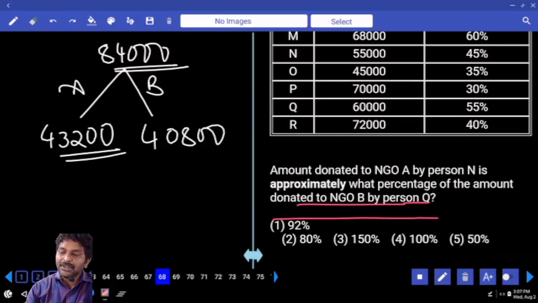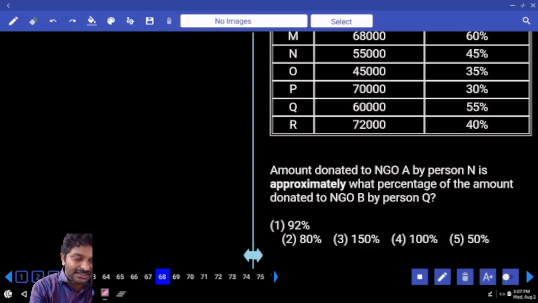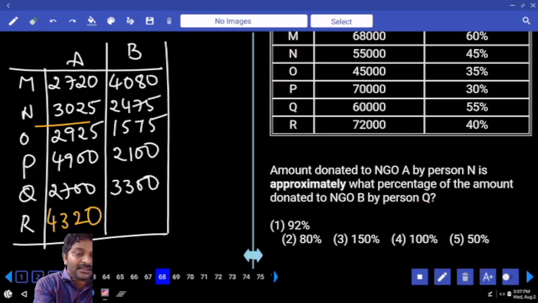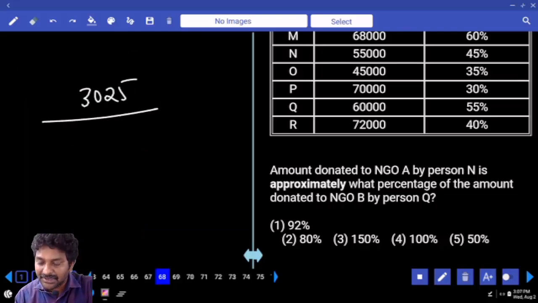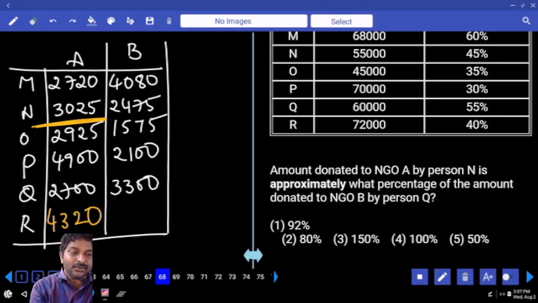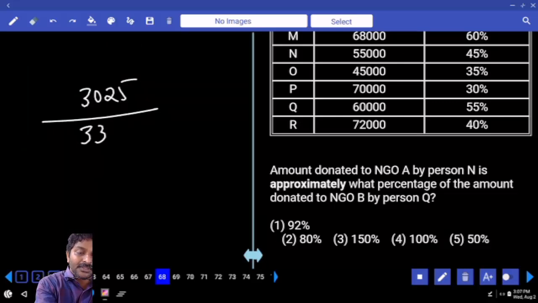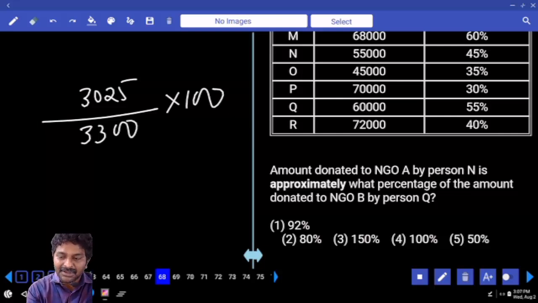Amount donated to NGO A by person N. Person N, NGO A. 3025 is approximately what percent of amount donated to NGO B by person Q? Person Q, NGO B, 3,300. Percentage into 100 only. But anyway, we'll get answer from the denominator.